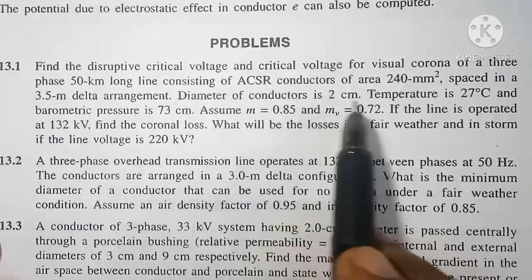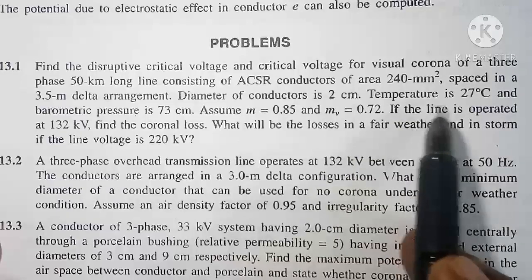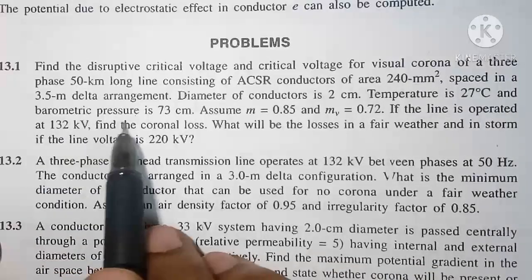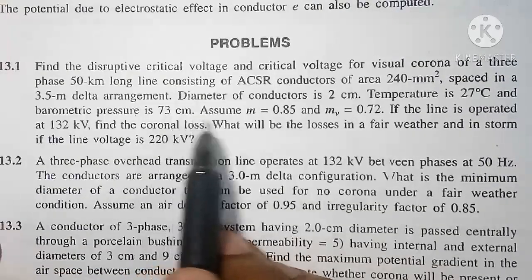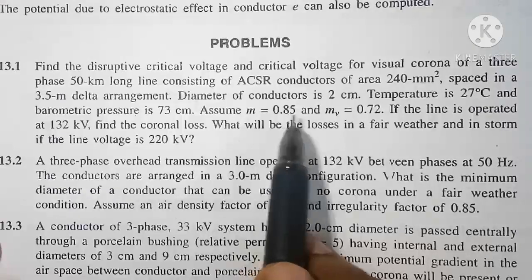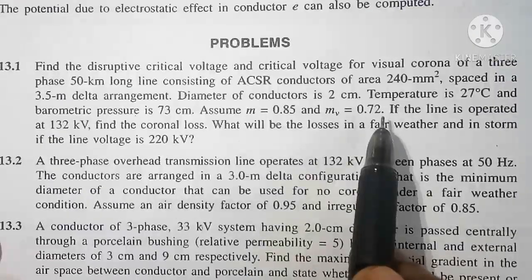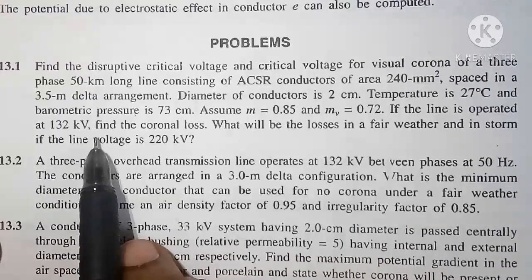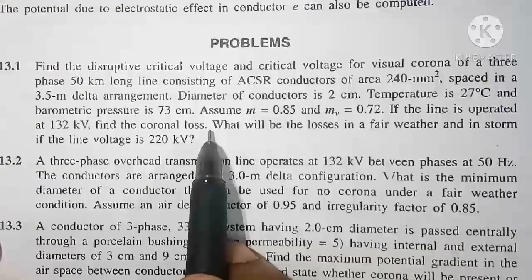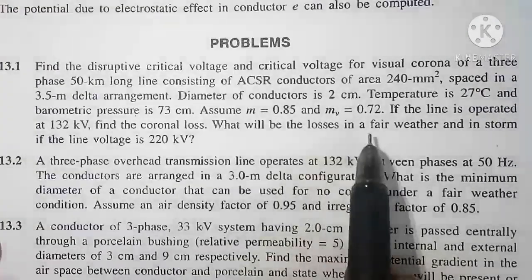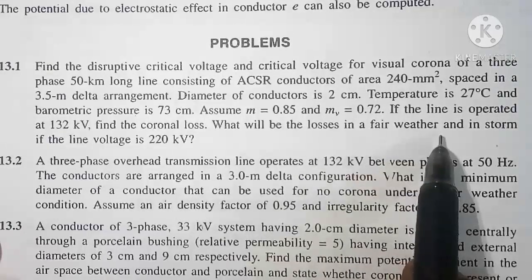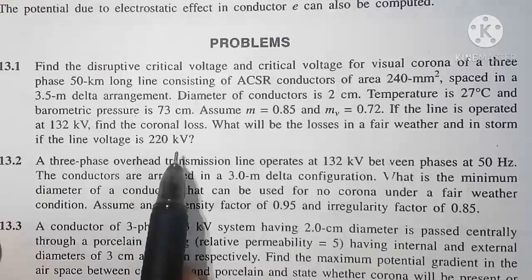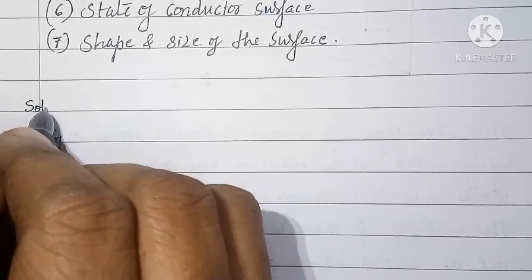Diameter of conductors is 2 cm. Temperature is 27 degrees Celsius and barometric pressure is 73 centimeter. Assume m equal to 0.85 and mv equal to 0.72. If the line is operated at 132 kV, find the corona loss. What will be the losses in fair weather and in storm if the line voltage is 220 kilovolt? Solution.